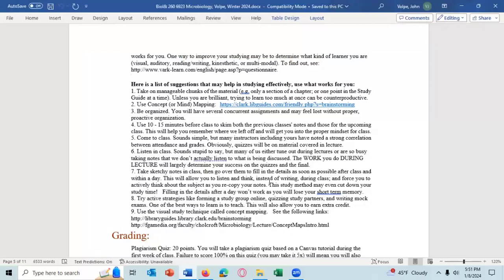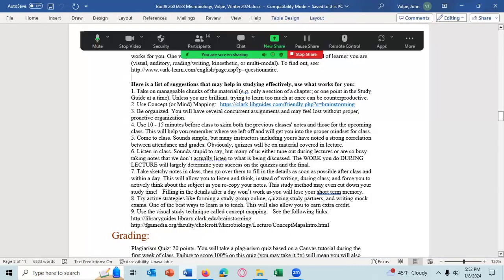So after 24 hours, you will no longer have short-term memory and you will not be able to fill in the details to the notes. So try and fill in the details as soon as possible after class. That will allow you to listen and think instead of just writing during class. And that way you can think about what we're talking about. The study method may even cut down your study time.